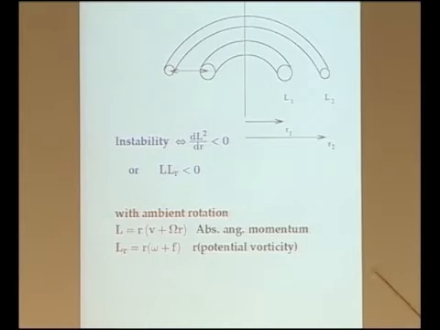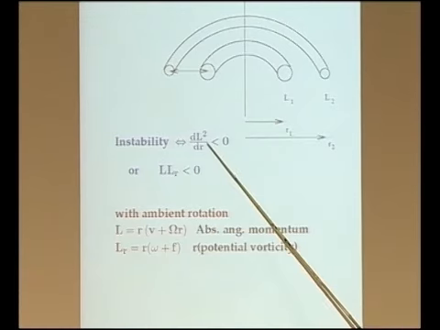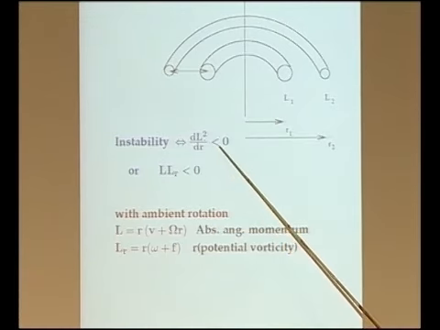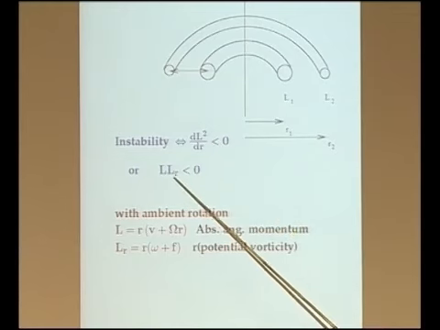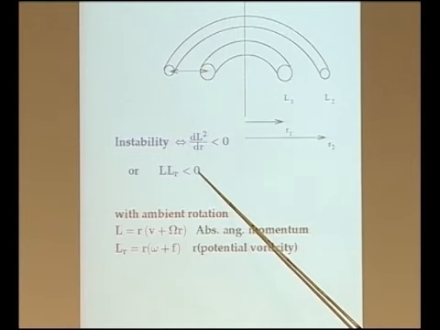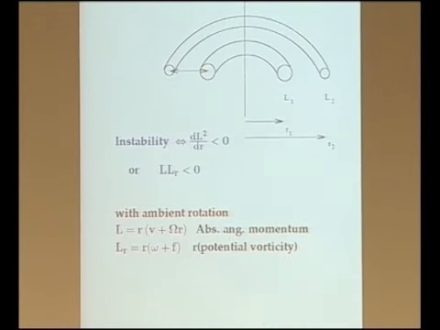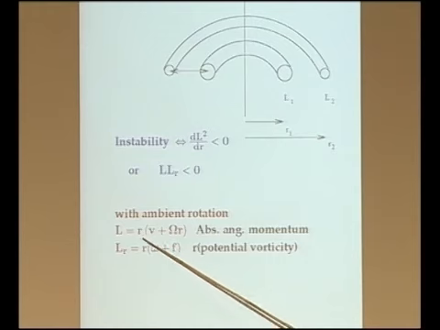Under the constraint of angular momentum, he found that the only way you could get energy out of such a process would be if the angular momentum decreased in magnitude with distance from the center of the vortex. So the criterion becomes that the gradient of L squared has to be less than 0, or L times L_R has to be less than 0, L_R being the derivative in the radial direction. L is just the absolute angular momentum of the problem in our system.